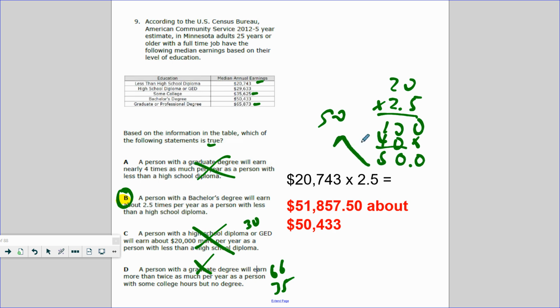So it is true. 20,000 times 2.5 is 50,000. So it's about true. B is the best answer of all. If you want to be more accurate, if you multiply 20,743 times 2.5, it will be $51,857.50, which is about 50,433.